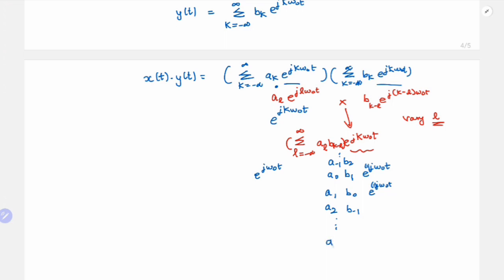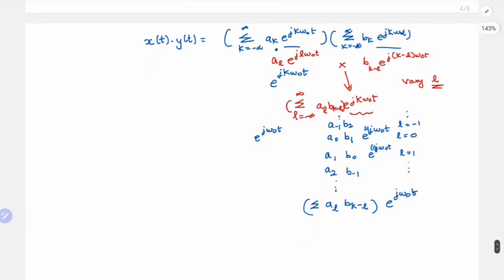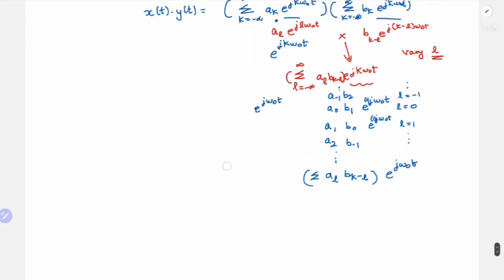So it is like al b k minus l, and I am varying L. So this is like L equal to 0, L equal to 1, L equal to minus 1 and so on. And all these coefficients I have to sum them up, and then I will get the common base e power j omega naught t. So this can actually be written as this multiplication.